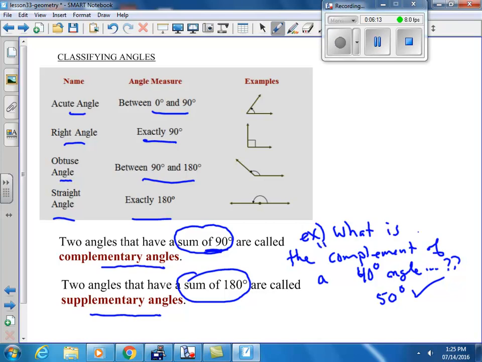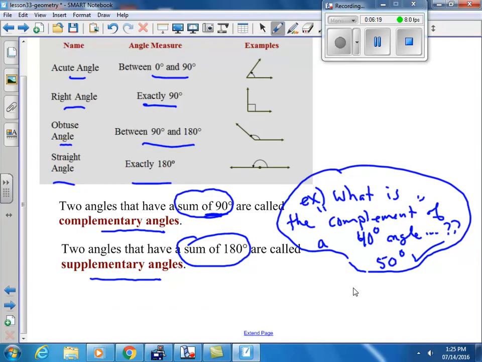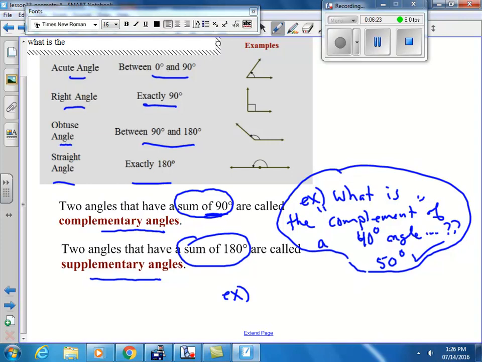Keyword complement. Okay, now let's try again. What if I ask you, I'm going to type it, what is the supplement of a 50-degree angle? And let me scoot this question down.